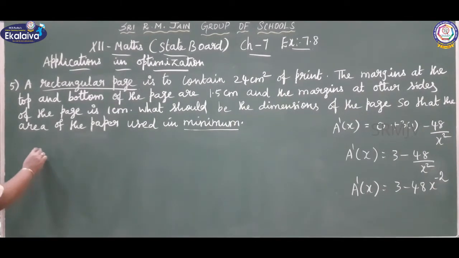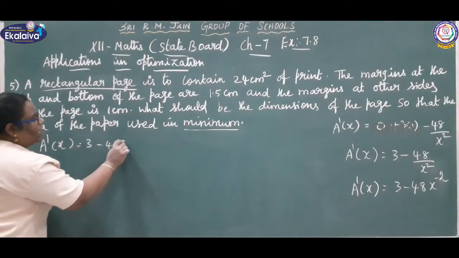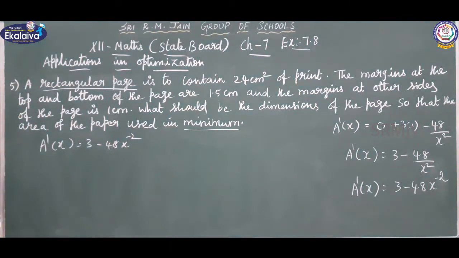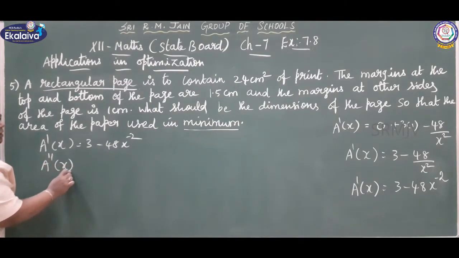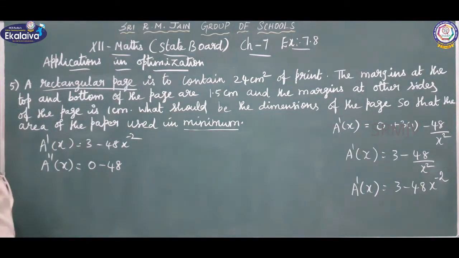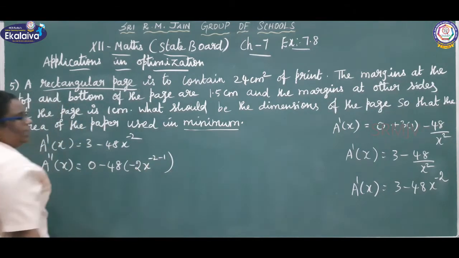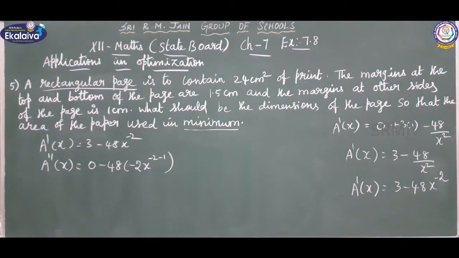A dash of x equals 3 minus 48 x to the power minus 2. Differentiate with respect to x: A double dash of x equals 3 becomes 0, since 3 is constant, minus 48 into n into x power n minus 1.